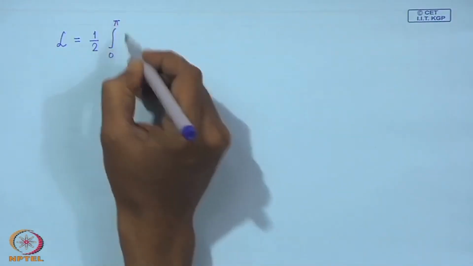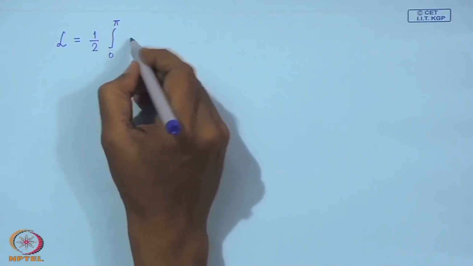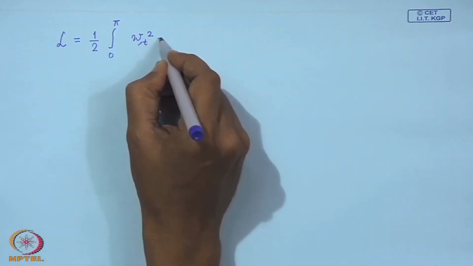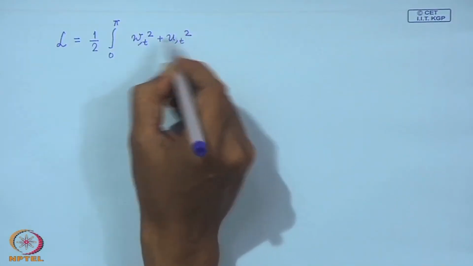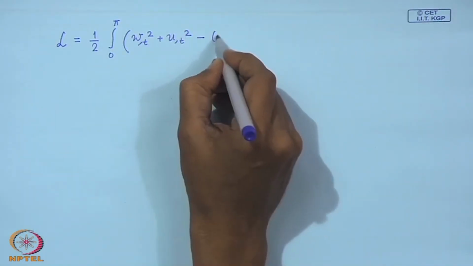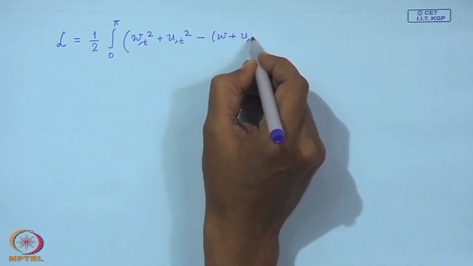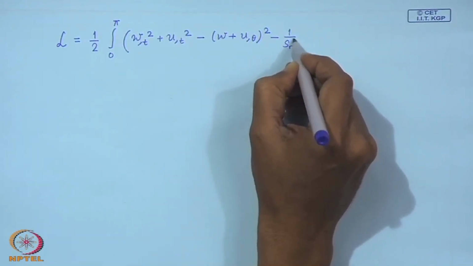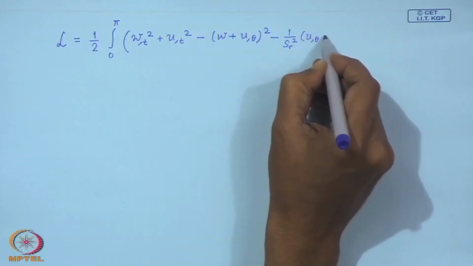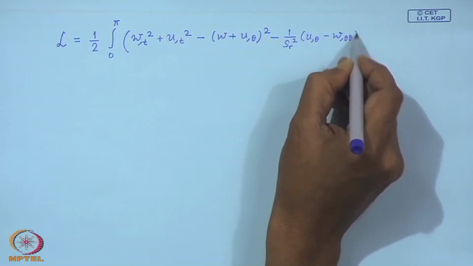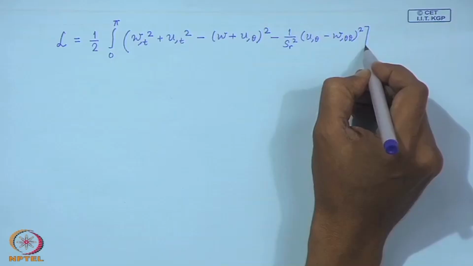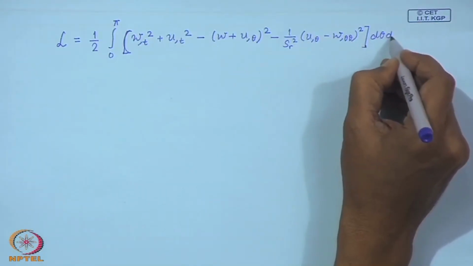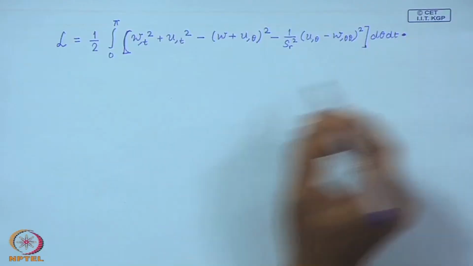So, we have a semicircular arch, 0 to pi, so this is our Lagrangian.